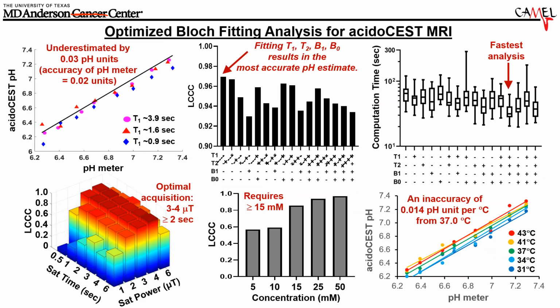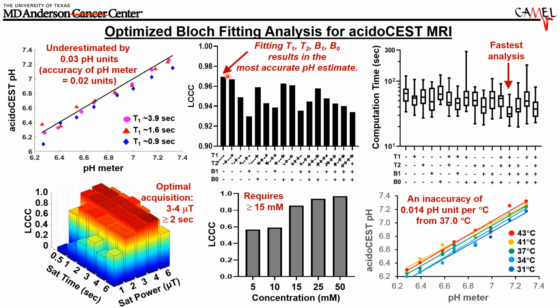We found that we are underestimating the pH by only 0.03 pH units, which is about the accuracy of a pH meter. So we're doing about as good as we possibly can relative to the gold standard pH meter. We do not need other T1, T2, B1, and B0 data to get the best accuracy and precision from the Bloch-McConnell fitting method.